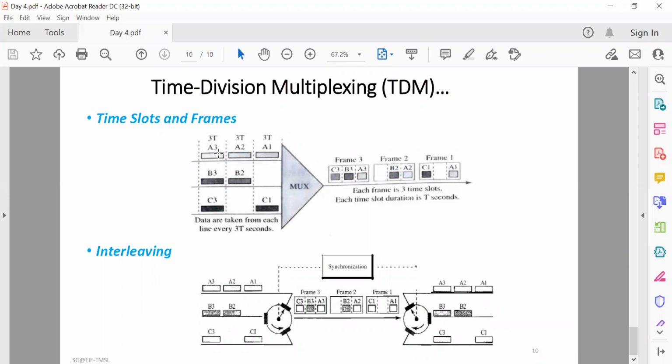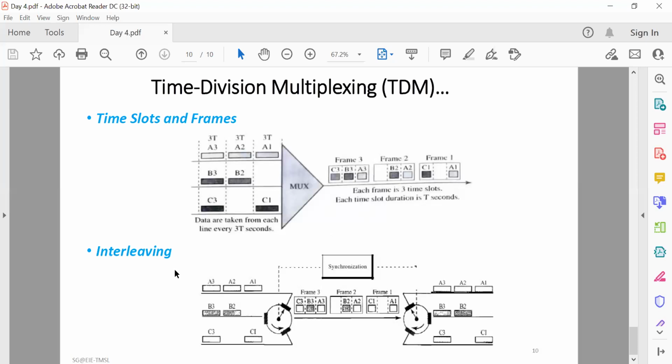Like the first frame as A3, B3, C3, and then A2, B2, C2, then A1, B1, C1. So here each frame is 3 time slots, and each time slot duration is t seconds.